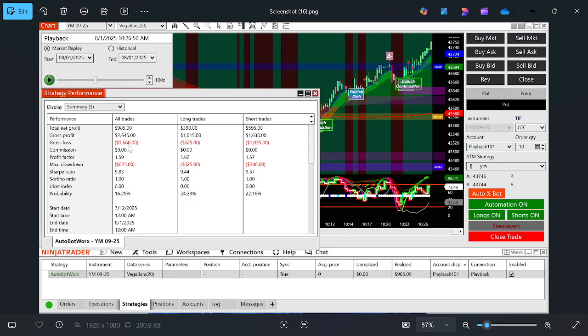So we'll have to watch that. But we did hit our daily profit goal here on the 20, and this was filtered by the 200. So we were only taking longs above the 200 and shorts below the 200. So let's go to the next one.